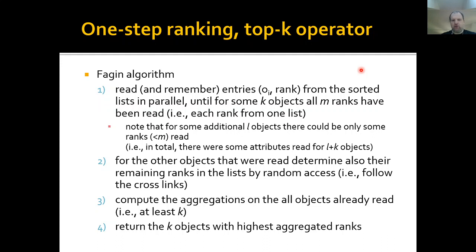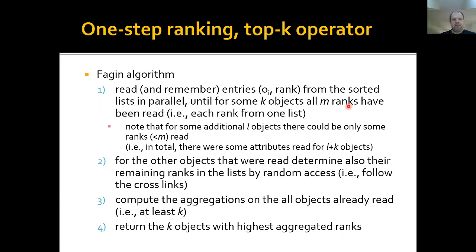In this case, we have K candidates for the top K operator, and in top K we are searching for K objects. So in this first phase, we get some K objects, not the final ones, but some candidates.